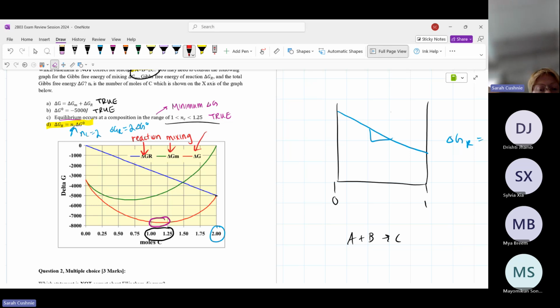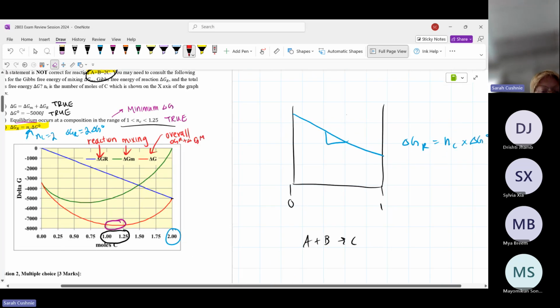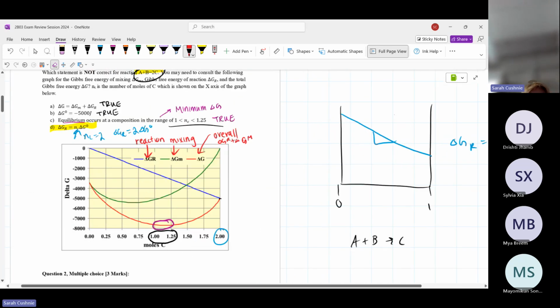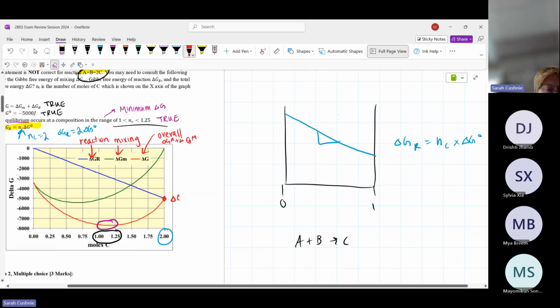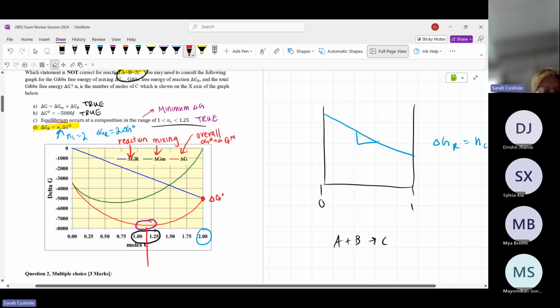So delta G is just the overall. It's the sum of those two, delta G R plus delta G M. It's the overall Gibbs free energy. And then this point right here is delta G naught, which is the Gibbs free energy for the overall reaction. And this point in the middle, minimum delta G, is equal to equilibrium.